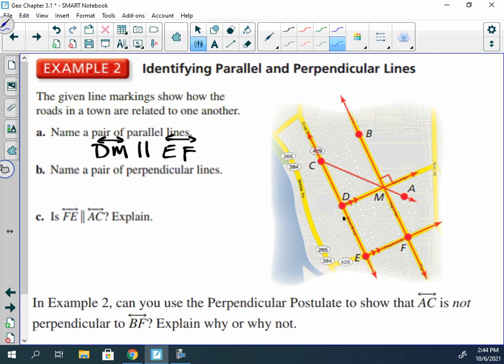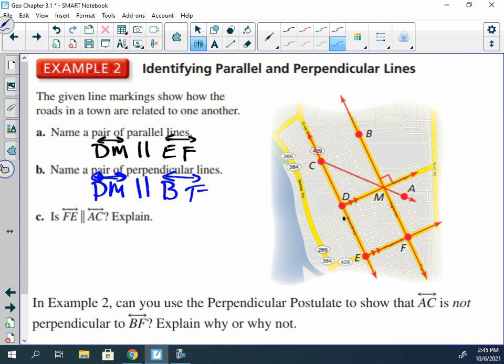Now, when we're naming perpendicular lines, we're looking for a what? Are there two lines in this figure that intersect at a right angle? One of them is. It's DM and BF. And this really should be a ray technically, but DM is perpendicular to BF because it has that right angle, yes?